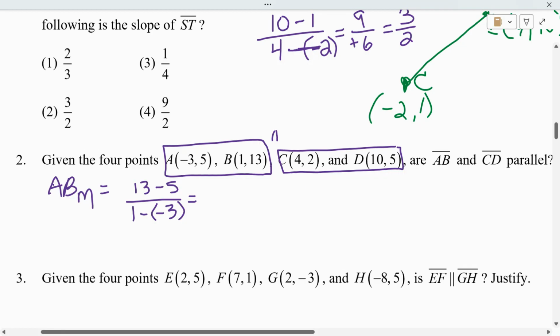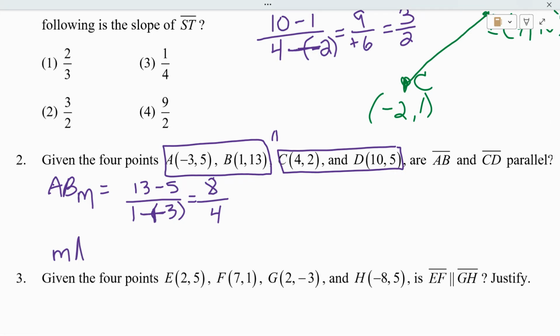Well, 13 minus 5 is 8. And 1 minus a negative becomes plus, so 1 plus 3 is 4. So the slope of AB is 8 divided by 4, which is 2.